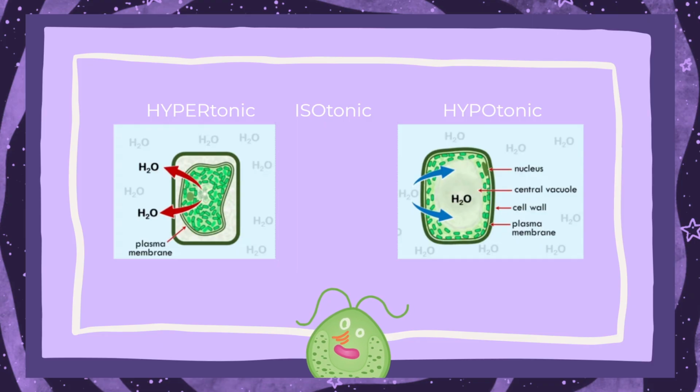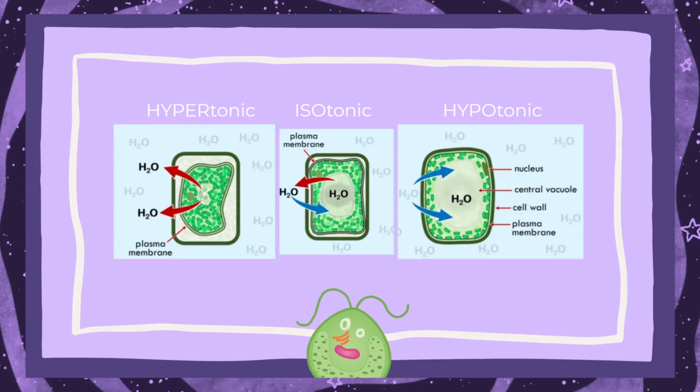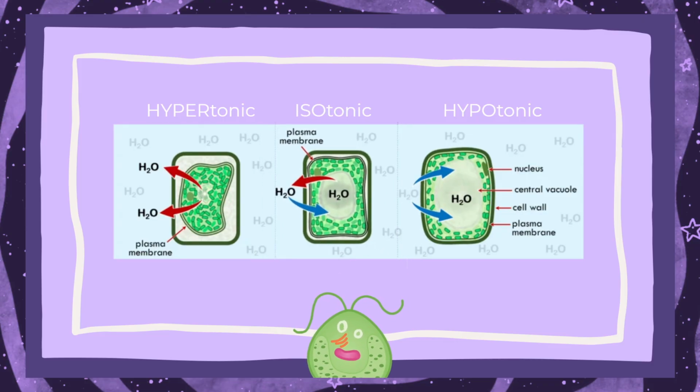In animal cells, this can lead to bursting, while in plant cells, the cell wall prevents bursting and instead creates turgor pressure, which makes the cell firm and rigid. In an isotonic solution, the solute concentration is equal inside and outside the cell. Water still moves in both directions, but at equal rates, so there's no net movement. This creates a stable balance known as dynamic equilibrium.